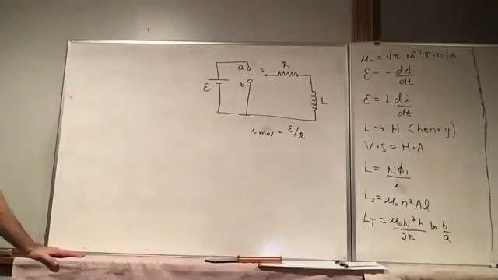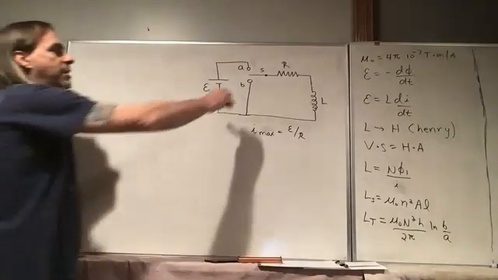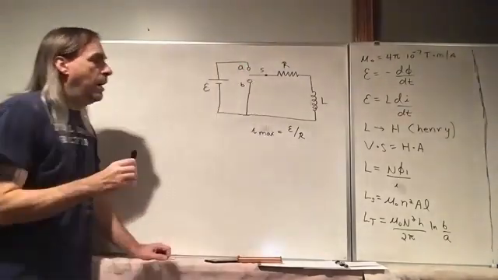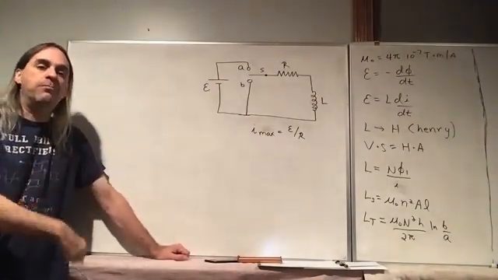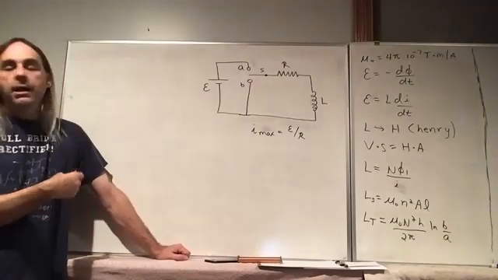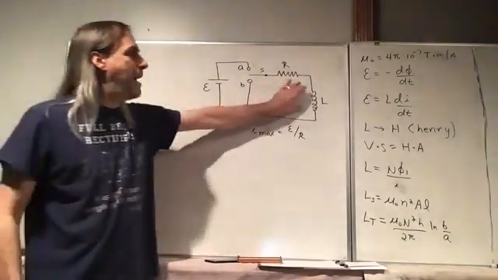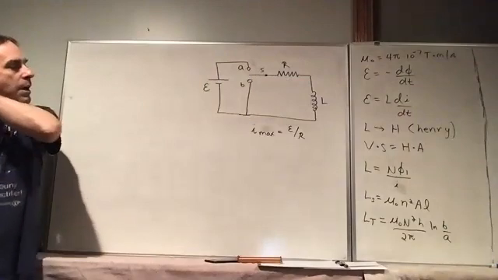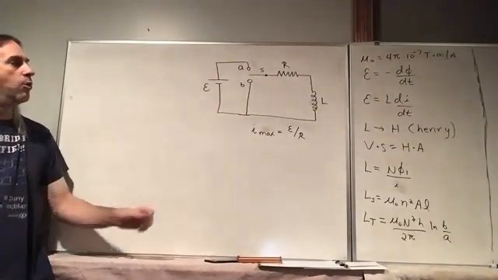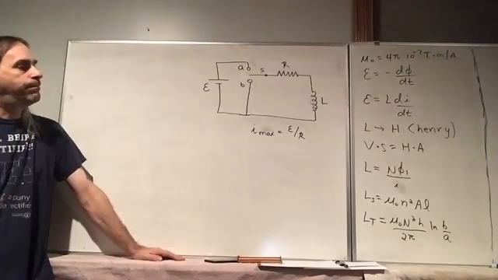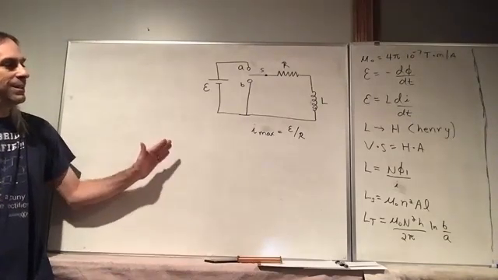The reason is when we close the switch, initially the current is 0. So when we close the switch, we're going to start building up a current. And when we do that, we're going to get this back EMF. But as the current grows, it's eventually going to settle down.